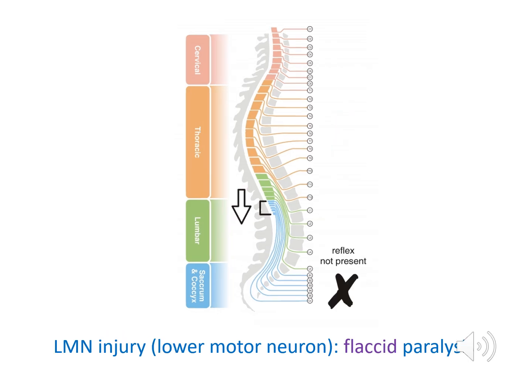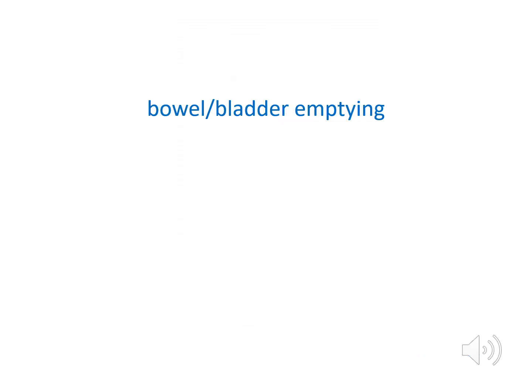The lower motor neuron injuries we usually refer to as flaccid paralysis to indicate that there are no reflexes, there's usually going to be poor muscle tone, there'll be no spasms, and usually over time we're going to see atrophy of the muscles because there aren't any reflex movements that might be triggered, and so the muscles will just totally atrophy.